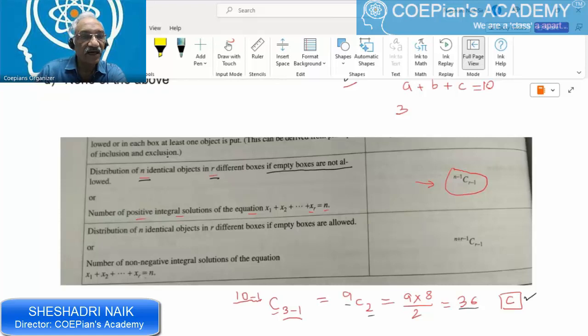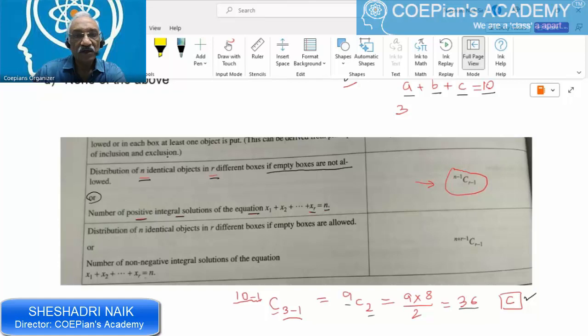So in our case, the second one, the or part applies, which is number of positive integral solutions of the equation x1 plus x2 plus so on up to xr is given to be n. So हमारे केस में क्या है? This is the one which applies. So हमने देखा है कि a plus b plus c has to be 10.